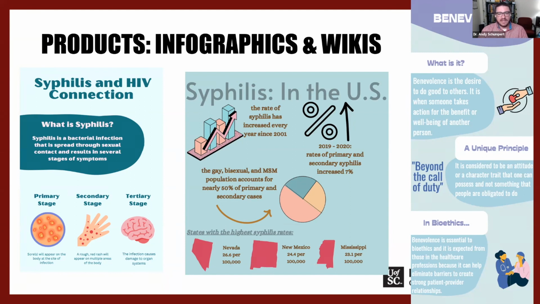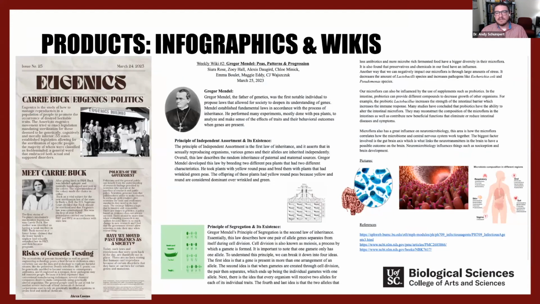And in each of these cases, you can see the students work together in a group to create these easy to read and easy to follow infographics about a specific topic. And the key there too is that it was all within these groups that they were participating. For 206, we had wiki products, or wiki projects, not products.